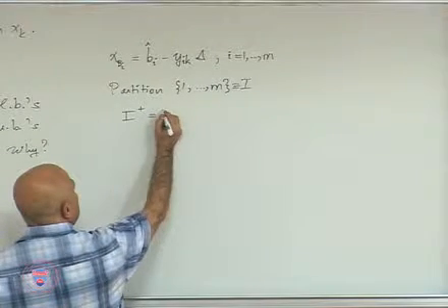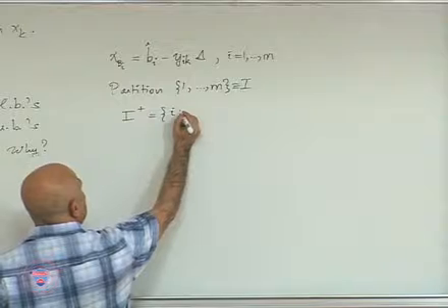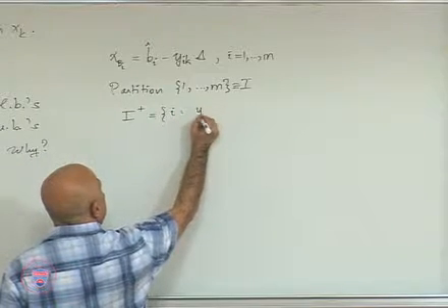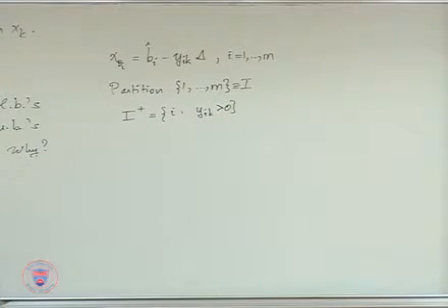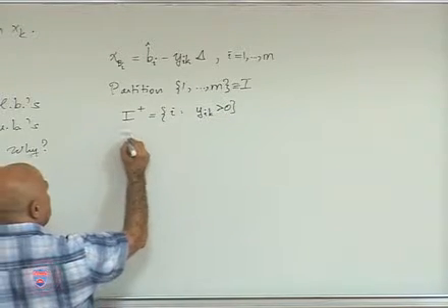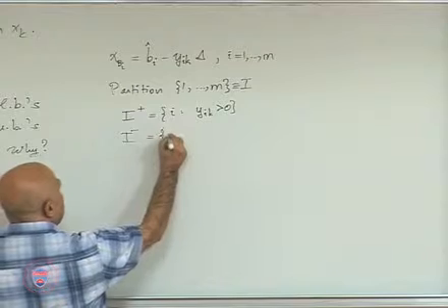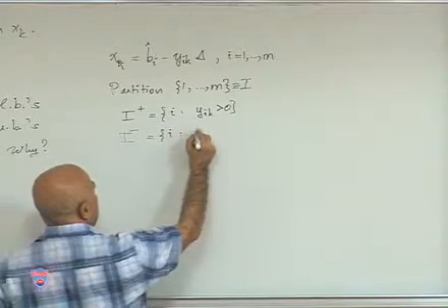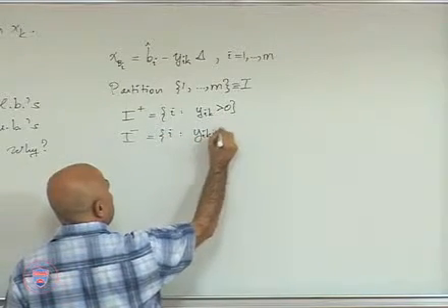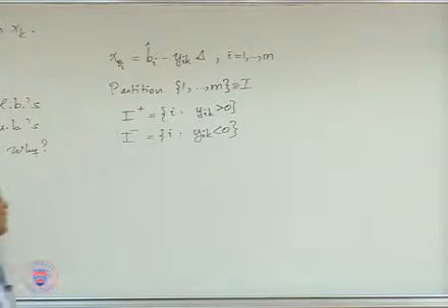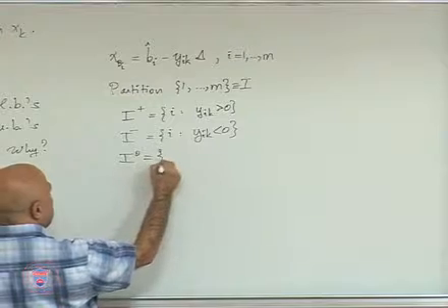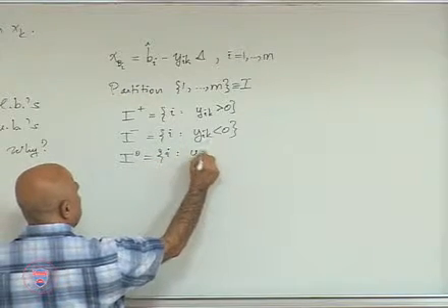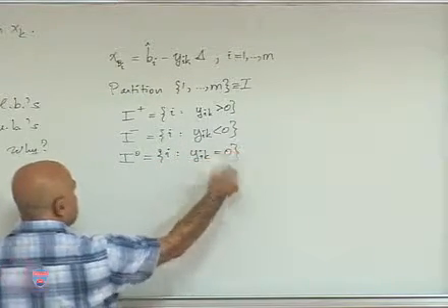Let's take I plus to be the set of indices i such that y_ik is positive, I minus the set of i for which y_ik is negative, and I zero the set of i such that y_ik is equal to 0.